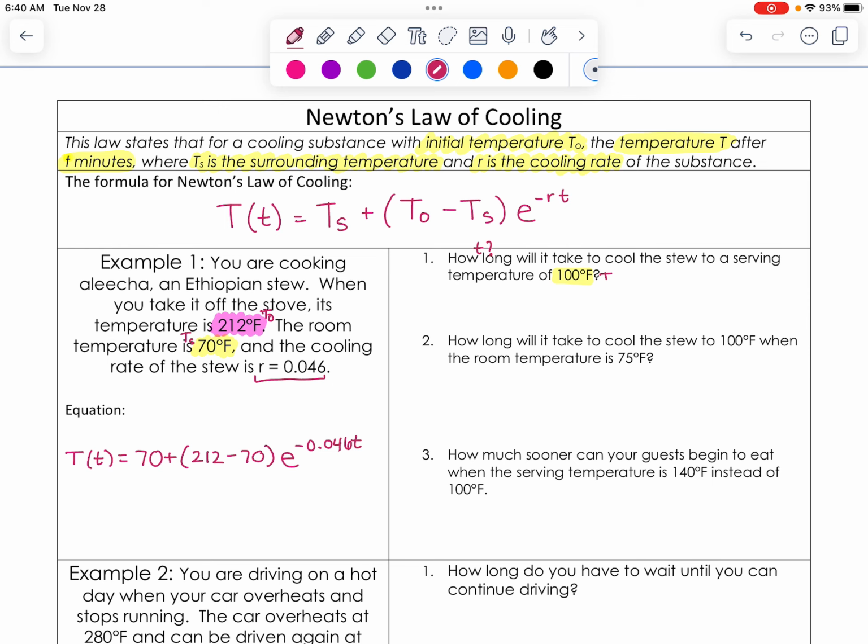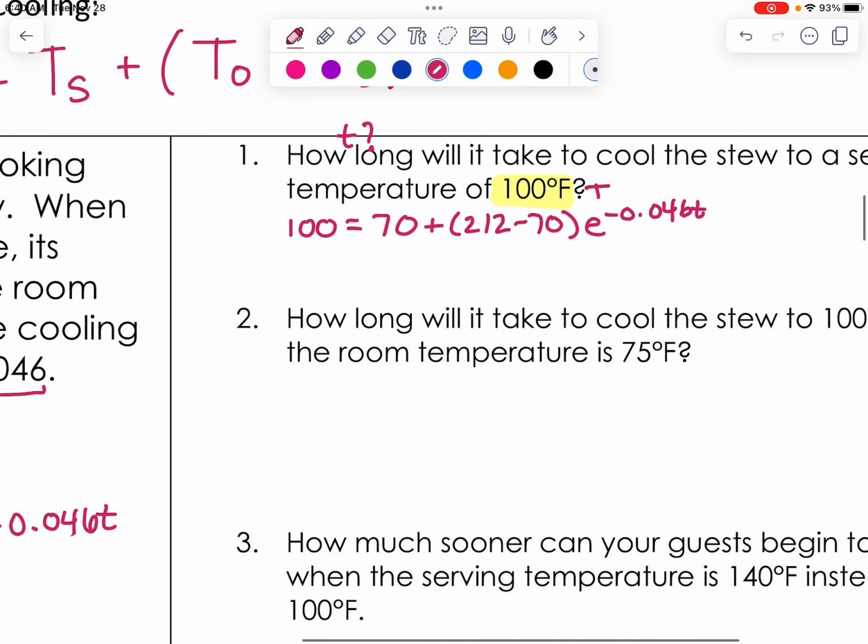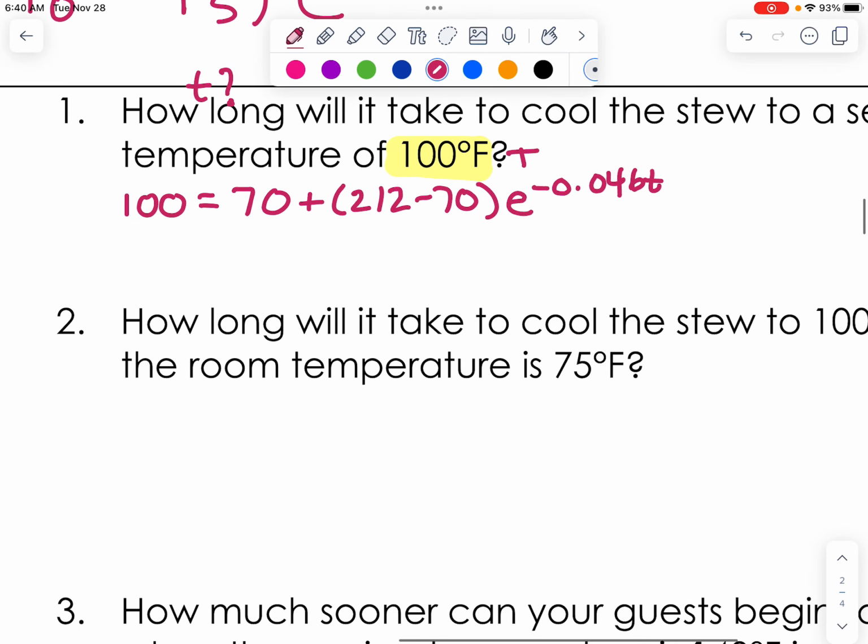So we're going to plug 100 in for T. So we have 100 equals 70 plus 212 minus 70 times e to the negative 0.046t. And now we're going to solve this equation. So I'm going to start by just simplifying. 212 minus 70 is 142.